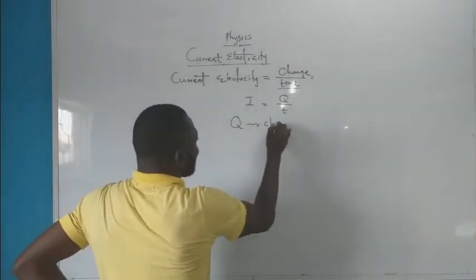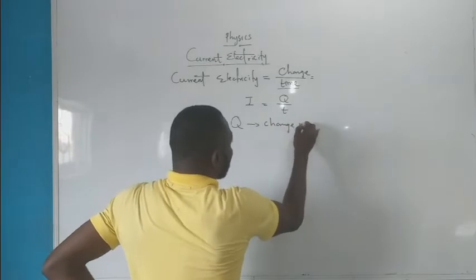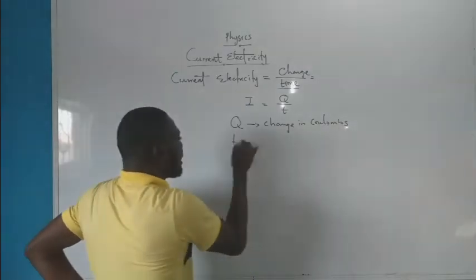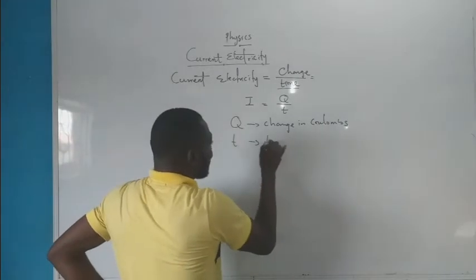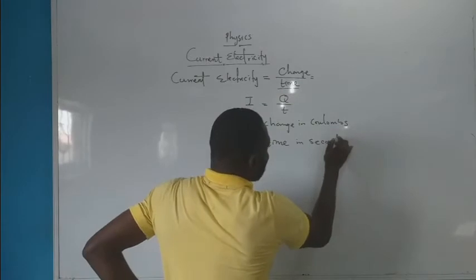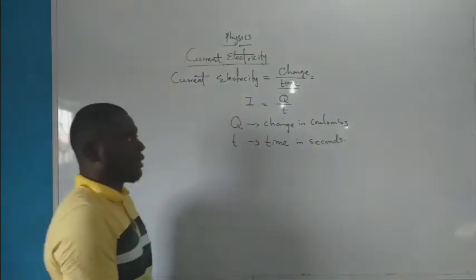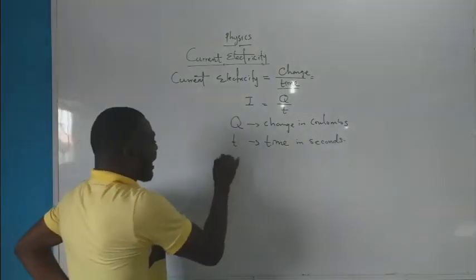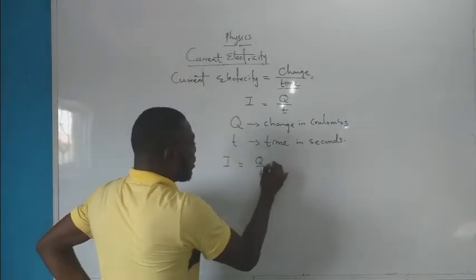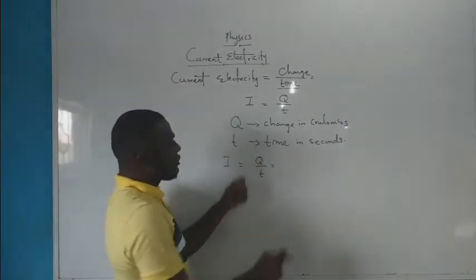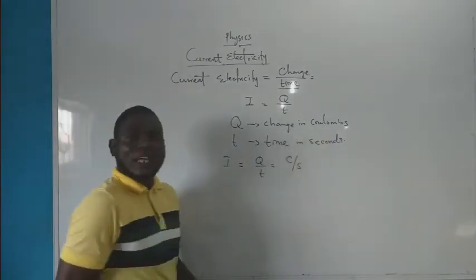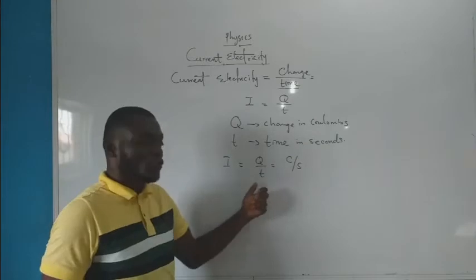Q is charge, in coulombs, and T is time, in seconds. So we can say that I equals Q over T, and the unit of this is C over S, S as in seconds, the unit of time.